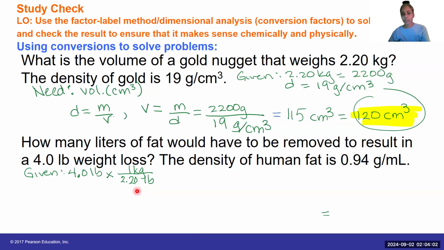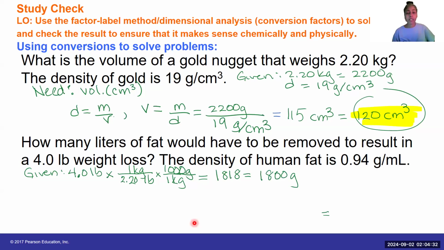Our next step would be now to convert our kilograms to grams. And we know that for every 1 kilogram, we have 1,000 grams because kilo is equal to 1,000. This gives us the number of grams that we have of the substance.